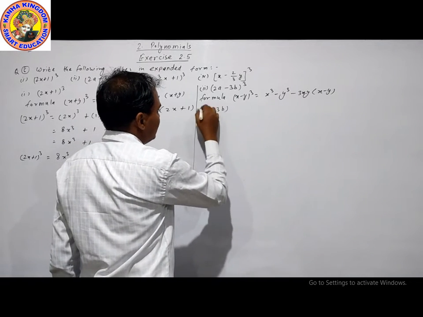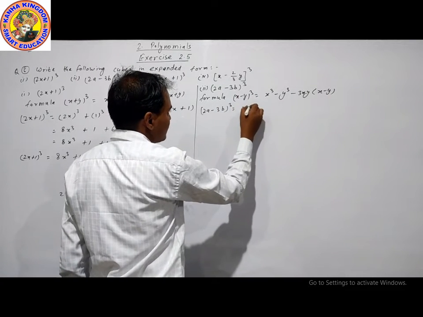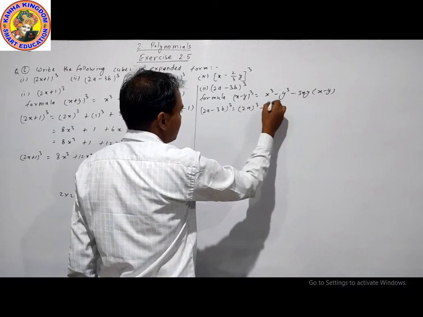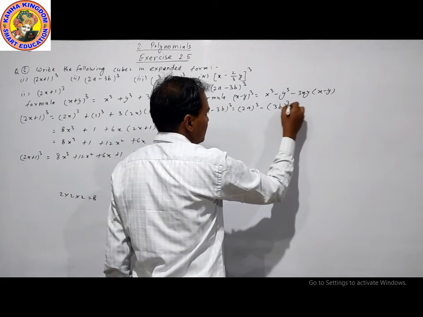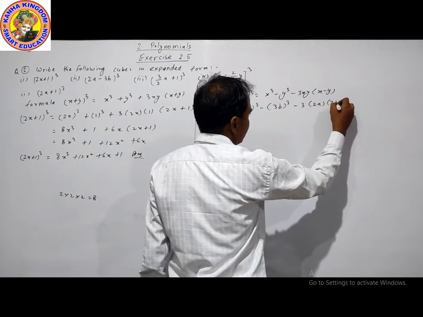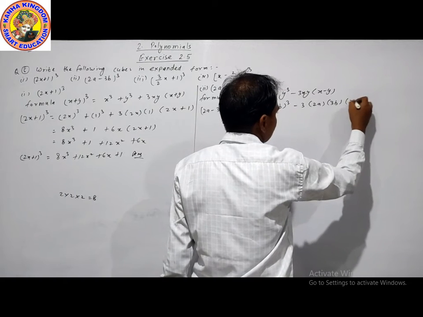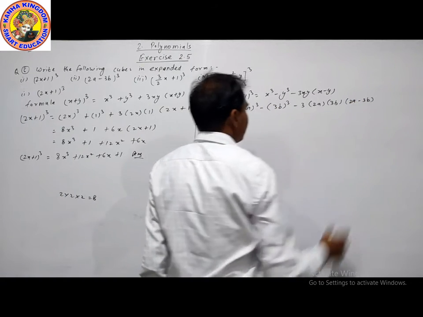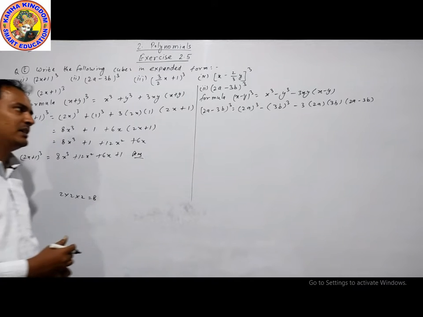So (2a minus 3b) cube: x is 2a, so (2a) cube minus y is 3b, (3b) cube, minus 3 times 2a times 3b times (2a minus 3b). So we are putting the values in the formula.